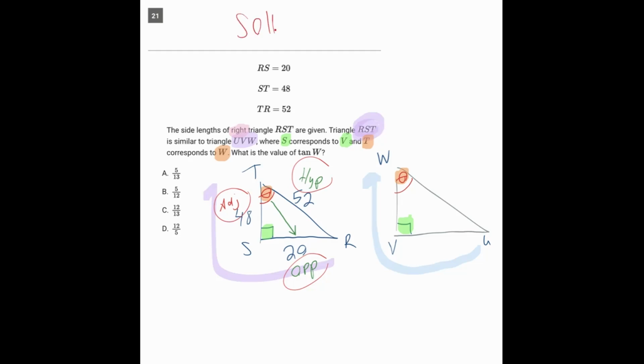And in SOHCAHTOA, that phrase tells us that the sine is the opposite over the hypotenuse, the cosine is the adjacent over hypotenuse, and the tangent, tan, is opposite over adjacent. And so tan of W is the same as tan of T, and that's the opposite over the adjacent.